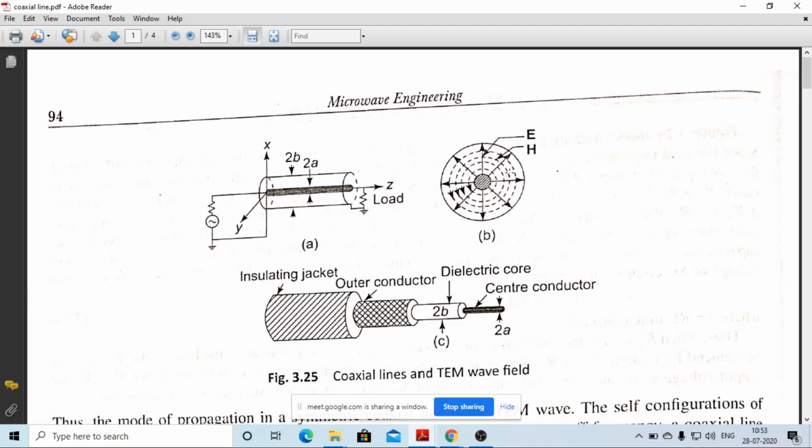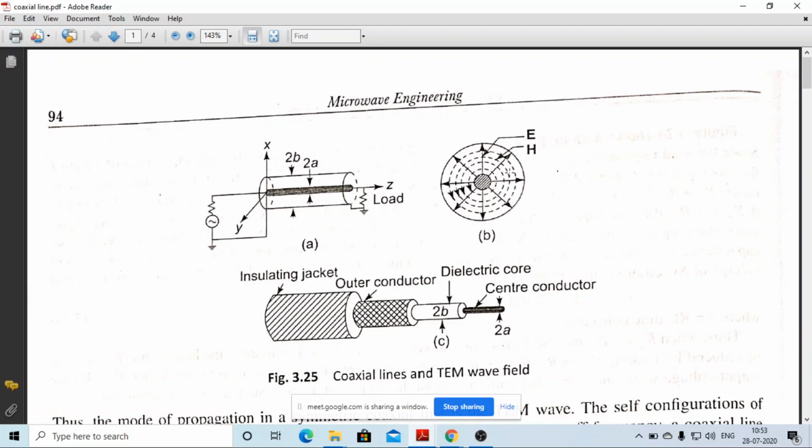Let us suppose it makes some angle with respect to the z direction, so you can decompose the magnetic field with respect to x and y as a vector sum. But overall, the best and good example for the TEM wave, the transverse electric magnetic wave, is this coaxial cable. So that is about the construction of the coaxial cable.